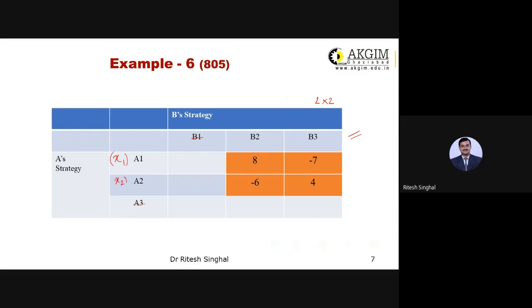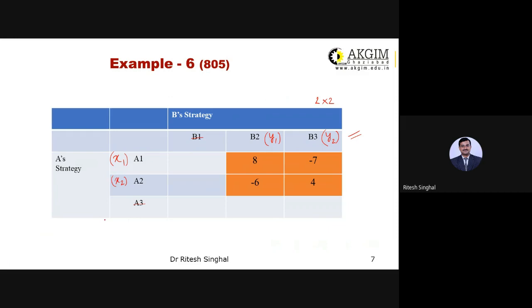X2 is the probability of using strategy A2. Similarly, y1 is the probability of using strategy B2, and y2 is the probability of using strategy B3. And when we say x1, x2, y1, y2 are probabilities, it means the values of these four variables must be between 0 and 1.